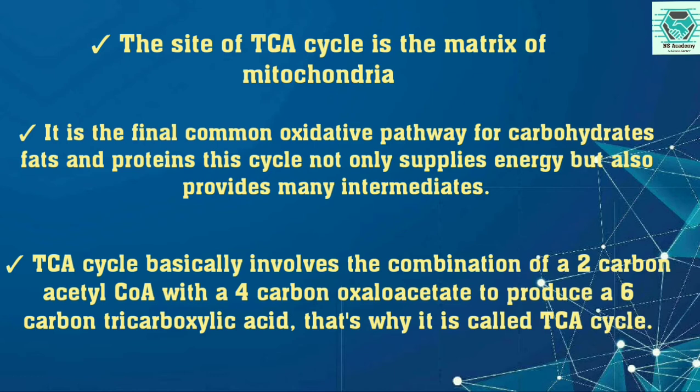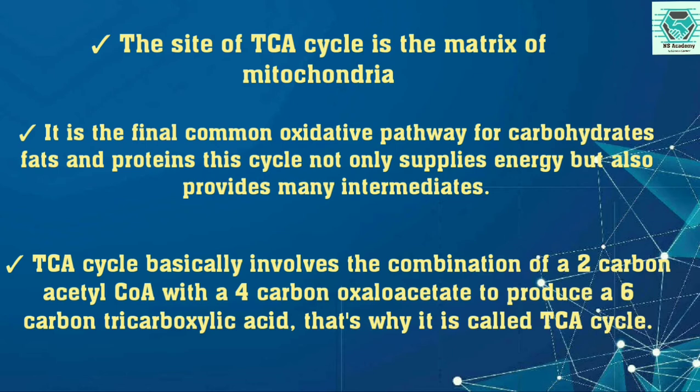The TCA cycle is the most important central pathway connecting almost all the individual metabolic pathways, for example, the pathways of carbohydrates, fats, or proteins. The cycle not only supplies energy but also provides many intermediate compounds.